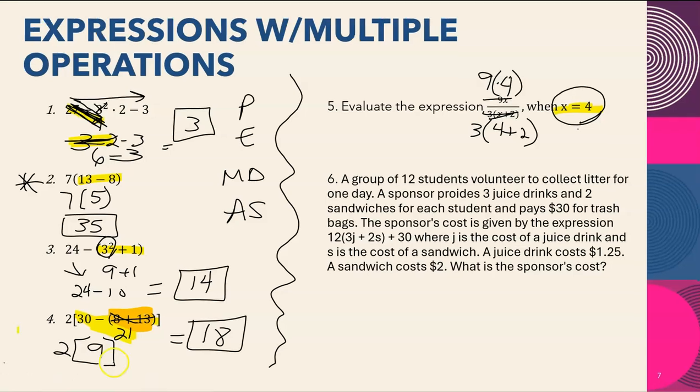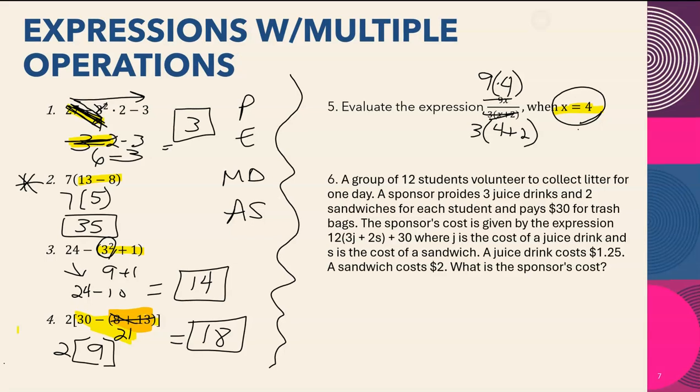Okay? All right. The next thing we need to be sure to know before continuing to evaluate this expression is what to do with this fraction bar. Now in this case, this fraction is essentially dividing the expression into 2 different sections of grouping symbols.